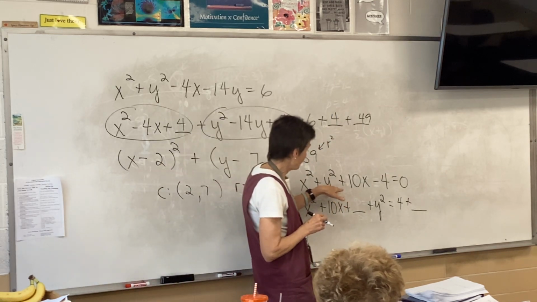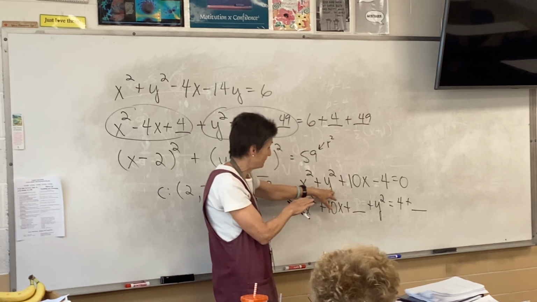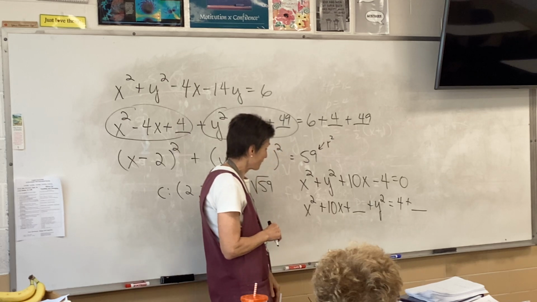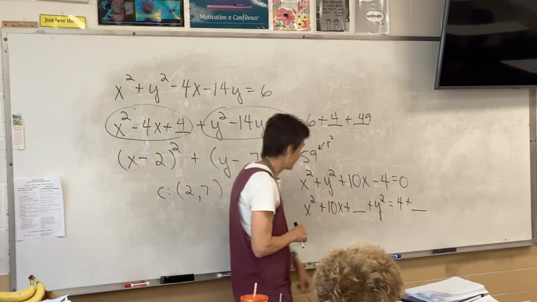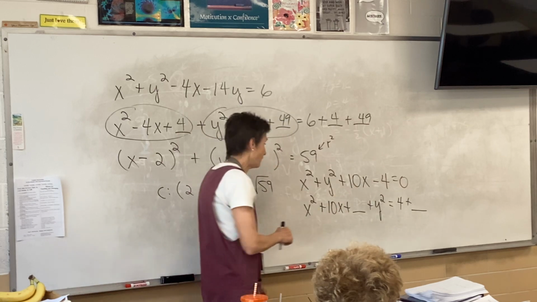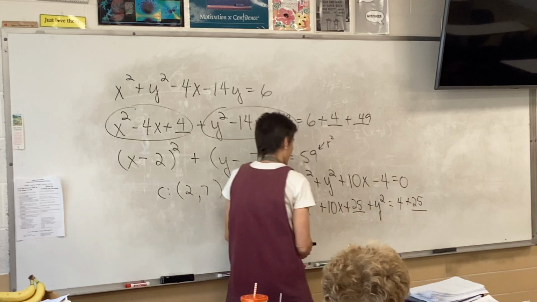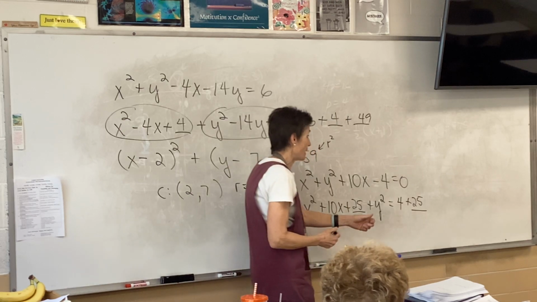There's nothing to group with that y squared. So he just sits there by himself. Now I have one blank to fill in. So what's going to go in that blank? 25. And then I'm ready.